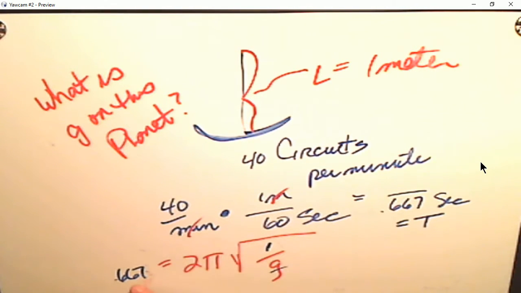So you take 0.667 and divide it by, use parentheses. Calculators sometimes mess up pulling this out. Parentheses 2 pi. Then take a square of both sides to get rid of the square root.